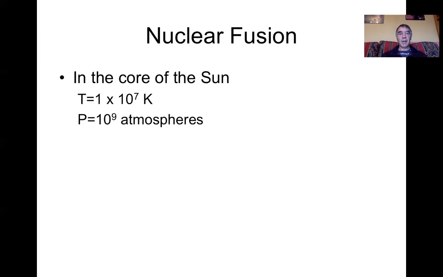Okay. And so you have extremely high temperatures. Basically 10 million Kelvin is the temperature in the center of the sun. And also you've got an enormous weight of material pushing down on the center from above, so gravity pulling everything in. And so the pressure of the gas in the center of the sun is incredibly high.